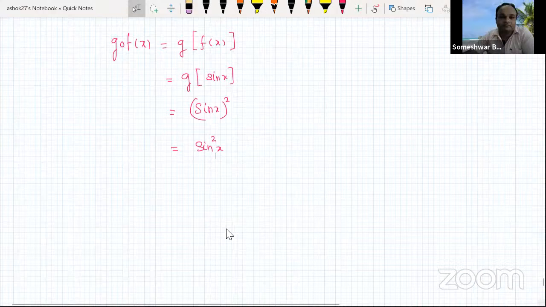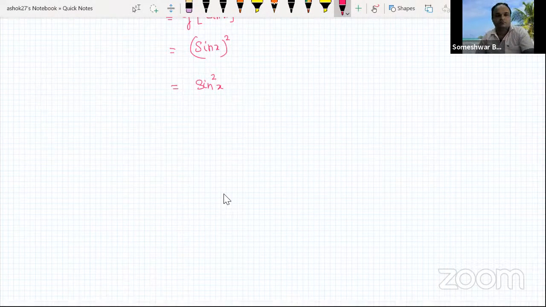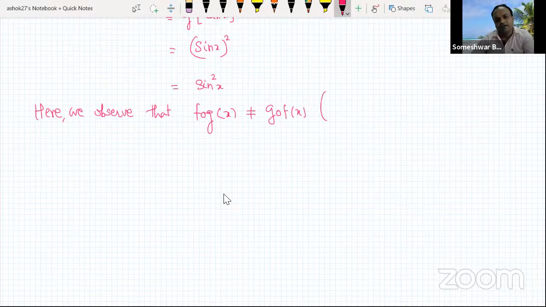So here you can observe, as a note you can write, we observe that f of g of x is not equal to g of f of x, always. In bracket you can write always.